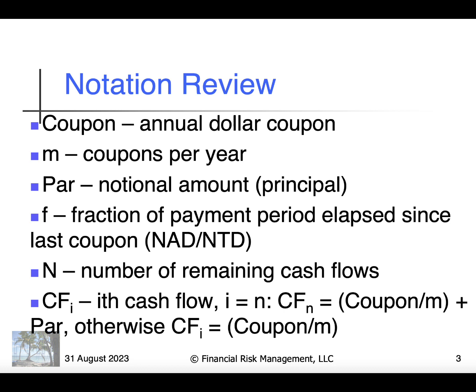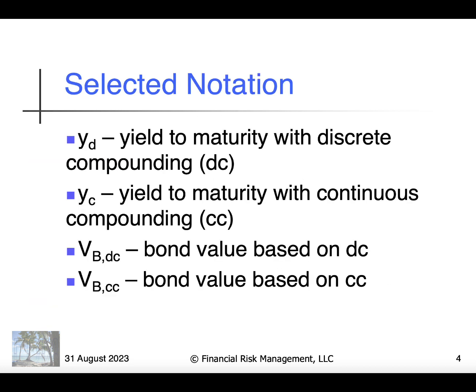Capital N is the number of remaining cash flows, and CFi is the ith cash flow, typically just the coupon amount if it's not the last cash flow, or the coupon amount per period plus the par value.